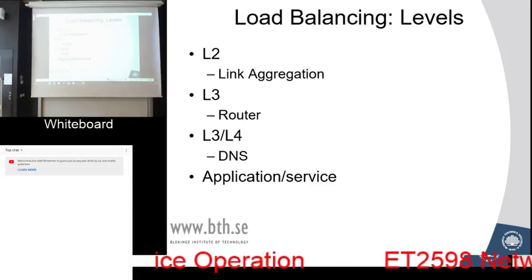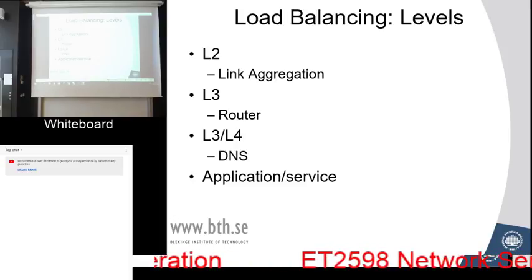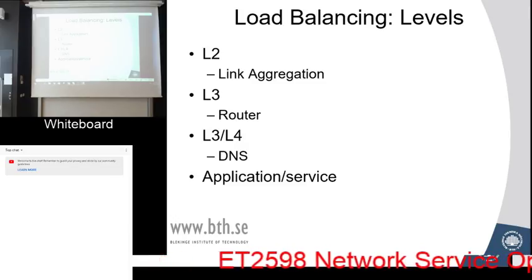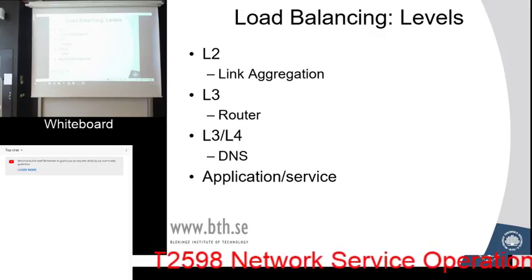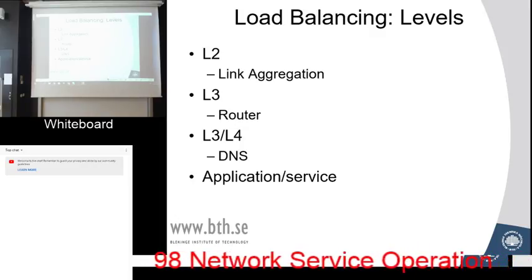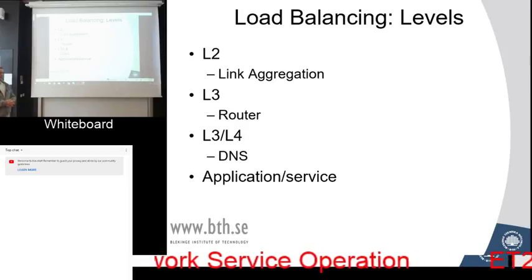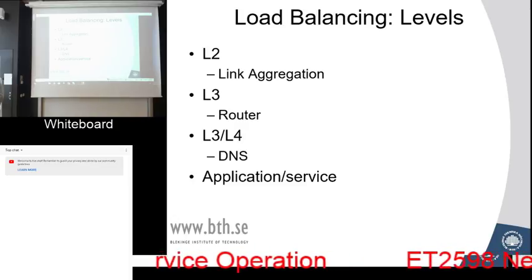So, at what levels can we do load balancing? I gave the first one away already. You can do it through link aggregation, which is kind of like load balancing. We can do it on layer 3 with routers: where do we direct the traffic?